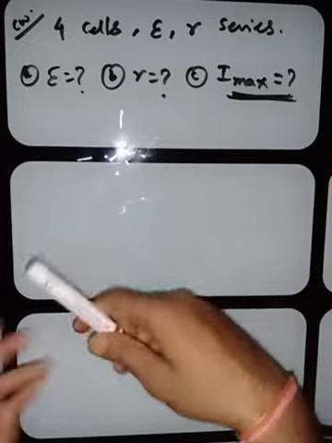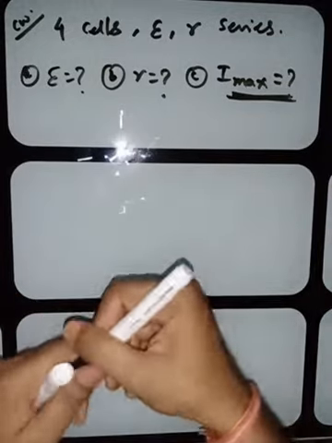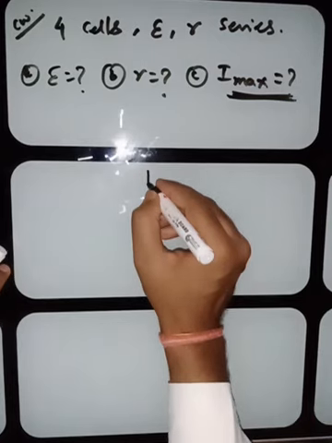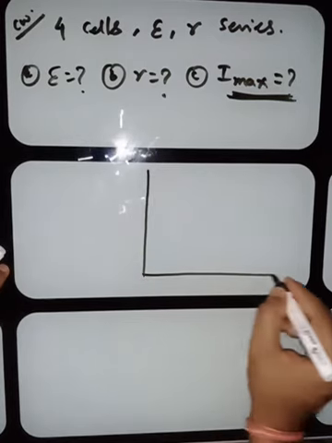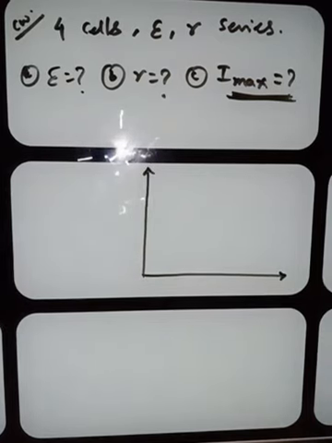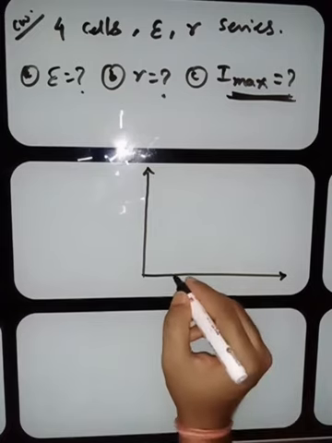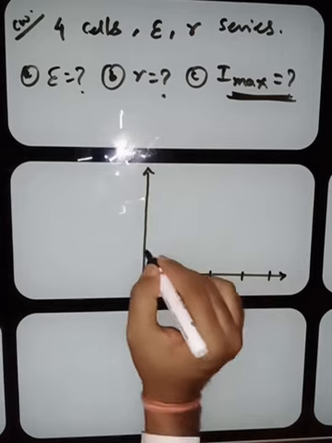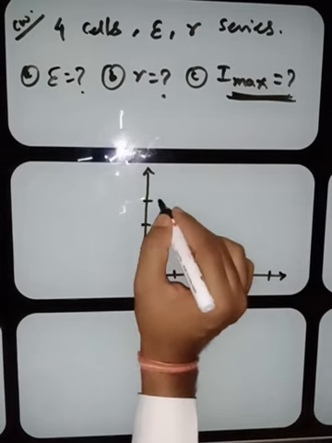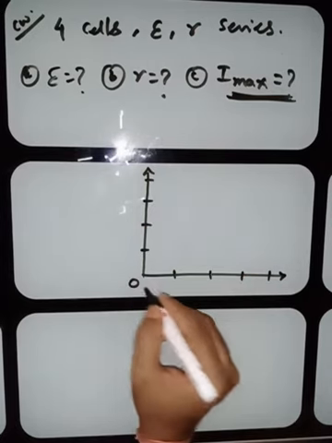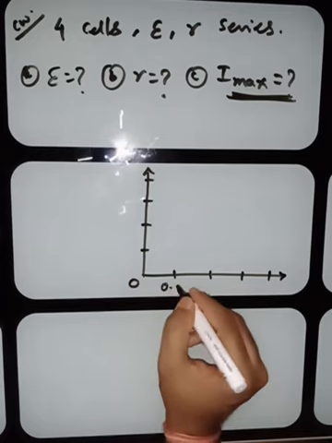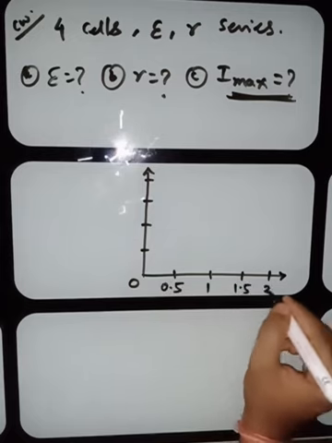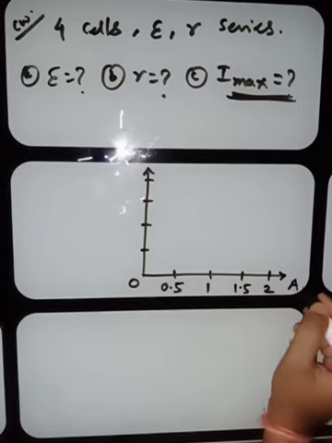Now the graph. This is the graph between the terminal voltage and current. The current values are 0, 0.5, 1, 1.5 and 2, in ampere.